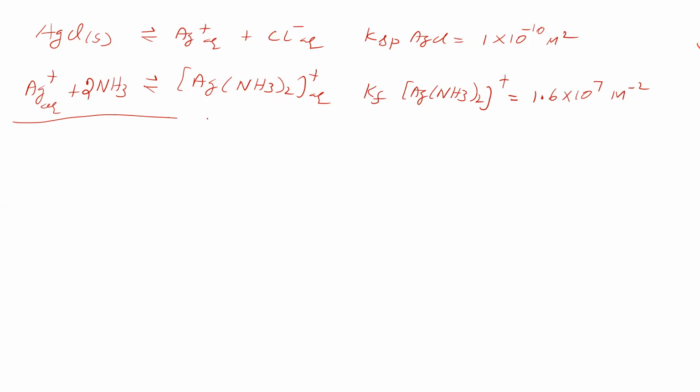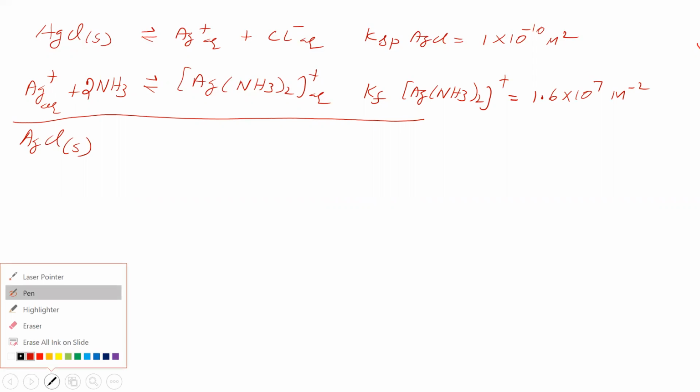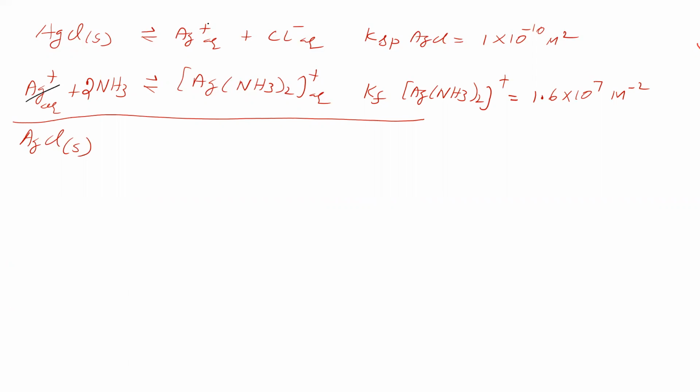Then let us add these two. What we are getting, we will see. Now AgCl solid is there. Then we will cancel this Ag+ aqueous on both sides. Then here 2 times ammonia is there, which gives this complex. On the right side, complex ion is present and chloride ion is present. Okay.